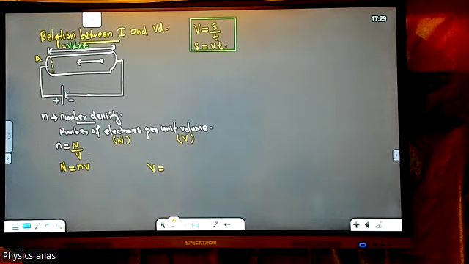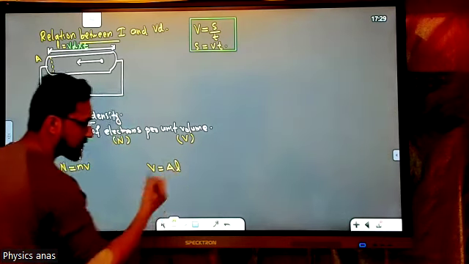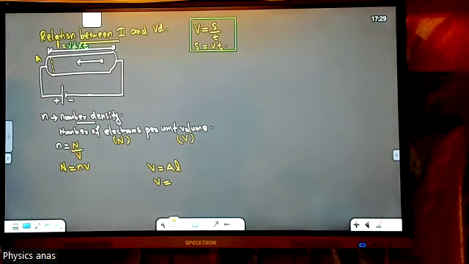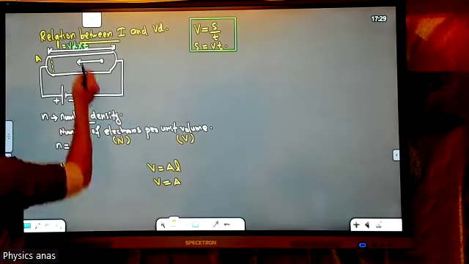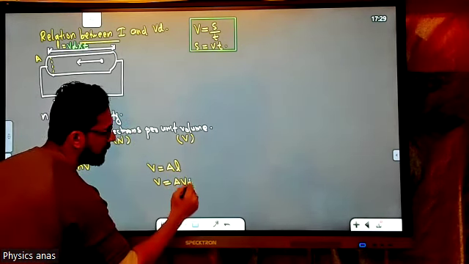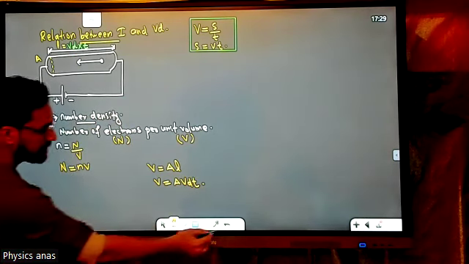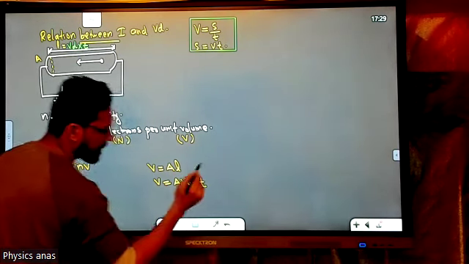V is equal to area into length. What is length? That's drift velocity into t.